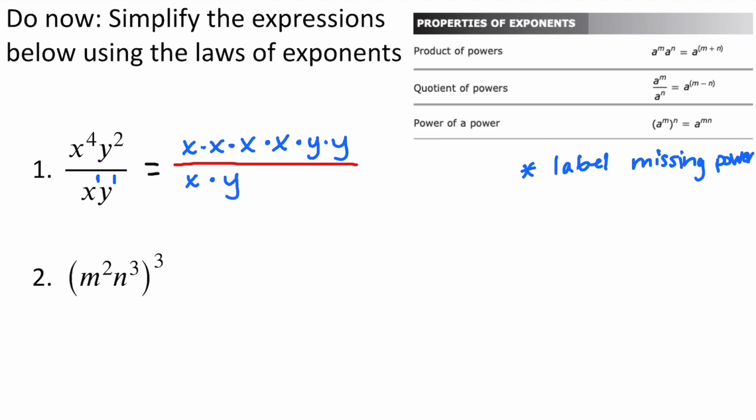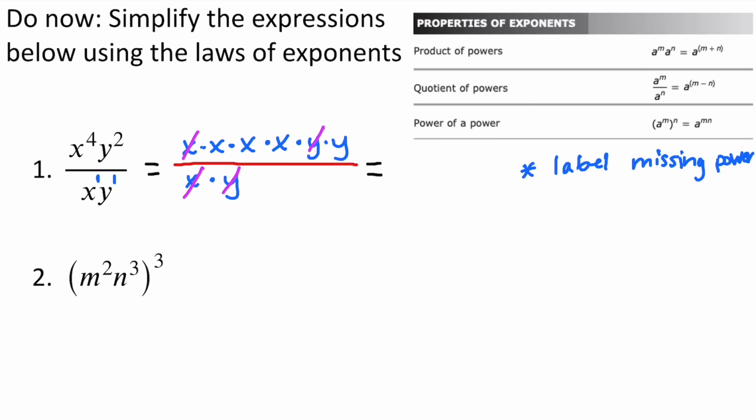Now because we are dividing, we cancel anything that's the same on both the top and the bottom of the fraction. I have an x on top and an x on the bottom, so I can cancel those out. I also have a y on top and a y on the bottom, so I can cancel those out. At this point, we have nothing left on the bottom that can cancel with anything on the top, so we write our answer as what's left.